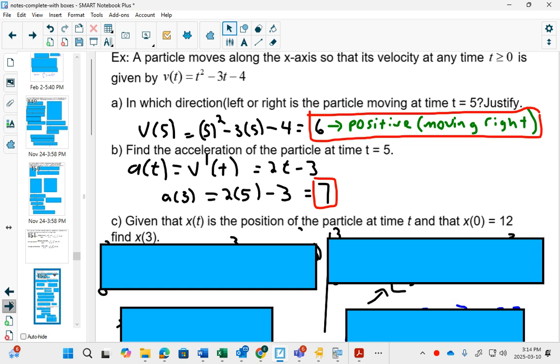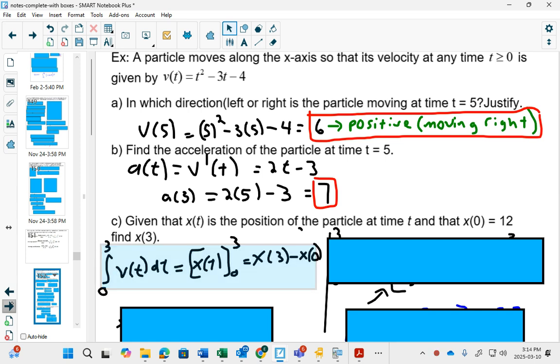So it's starting 12 units to the right. We want to find out where it is 3 seconds later. Well, its position would be the integral of our velocity.